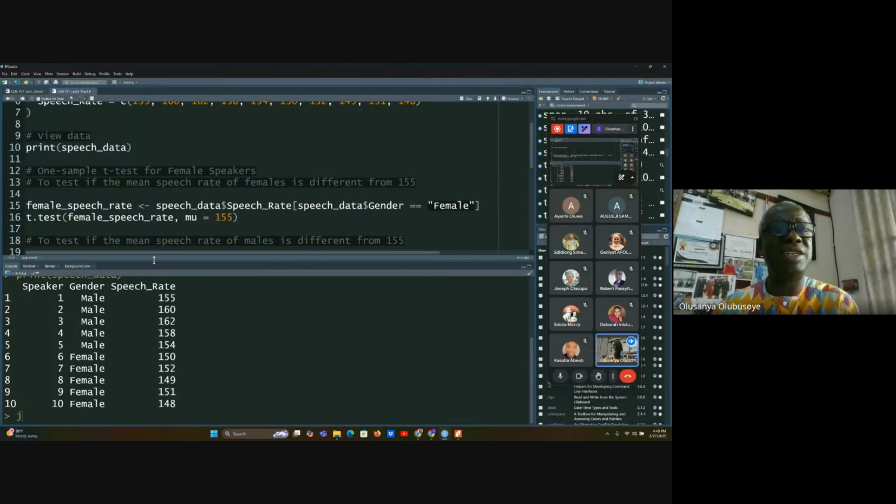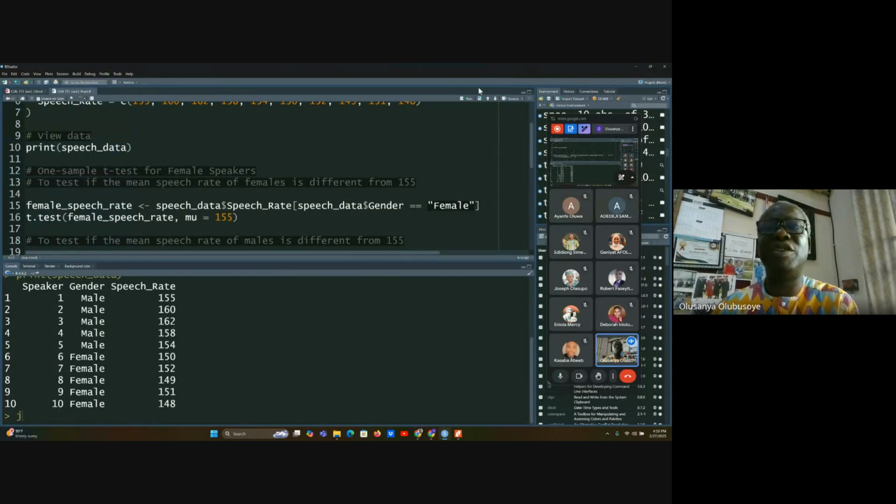This line will first of all bring out the female speech rate from the data. It only looks at the gender variable and selects only those that are female.